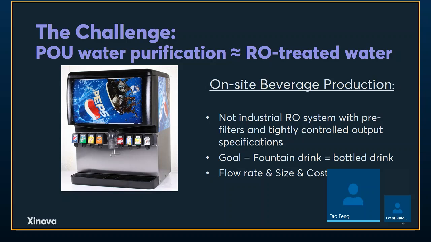In this slide, you see a picture of a soda fountain that we are all very familiar with. I don't know whether you have had the experience of some odd-tasting soda at a soda fountain, even though it's the same brand of soda that you have been drinking all the time. One main reason is that these on-site beverage production systems can have widely different water sources.